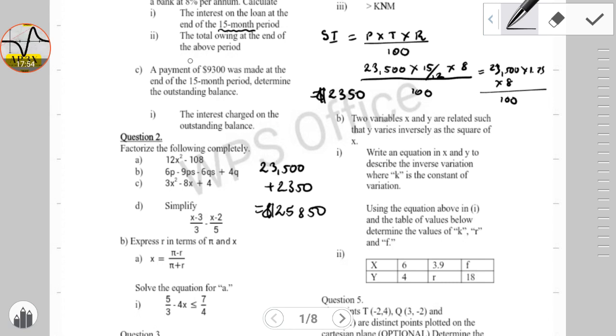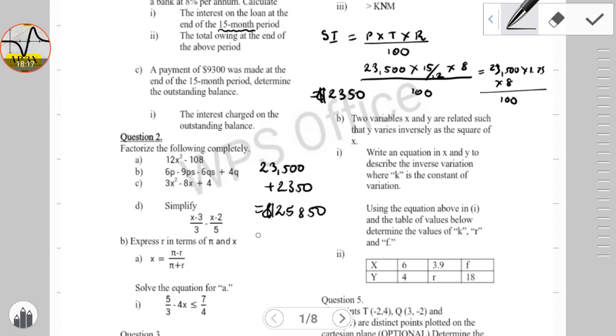Now part C here then looks at the fact that a payment of $9,300 was made at the end of that 15-month period. So the next day then a payment was made. That means if this is a loan and you made a payment of $9,300, then the outstanding balance would have been what you currently have in the account.